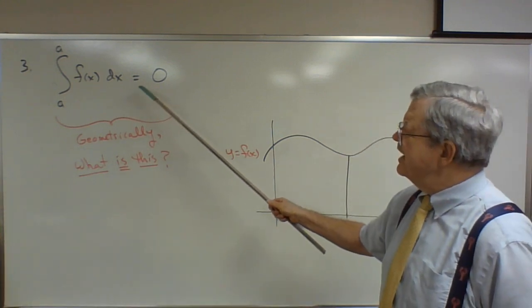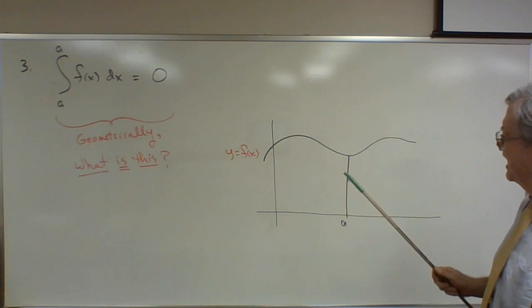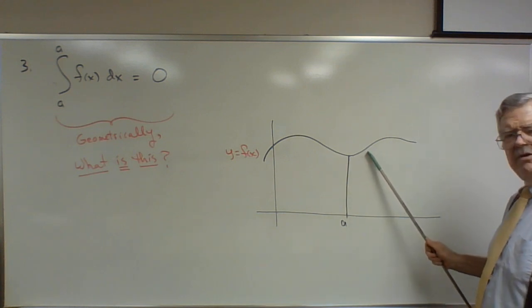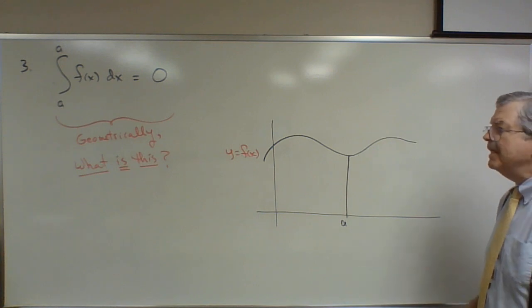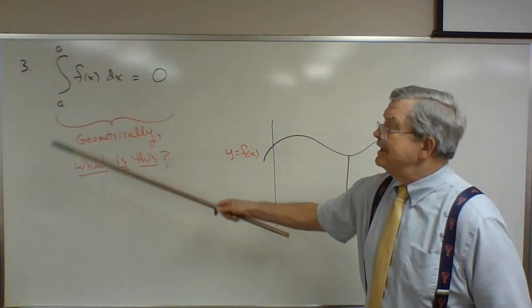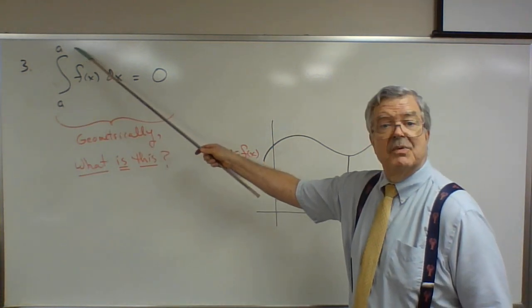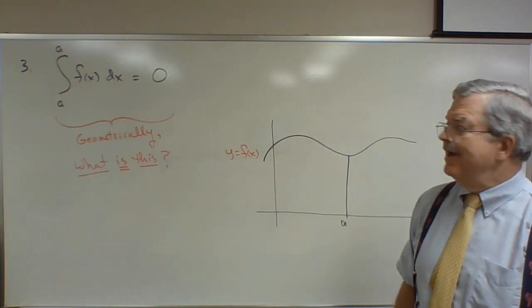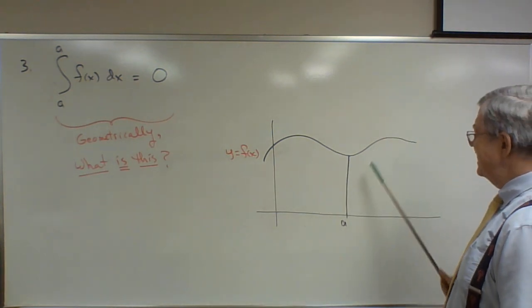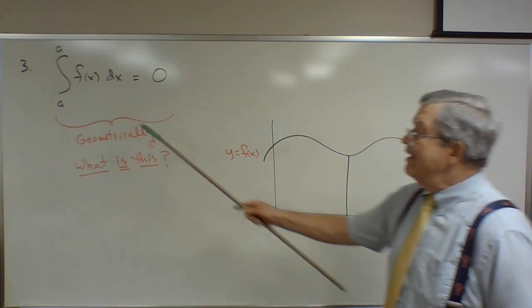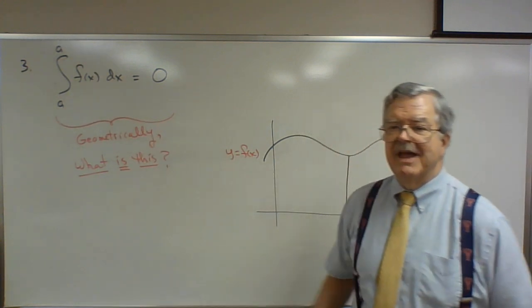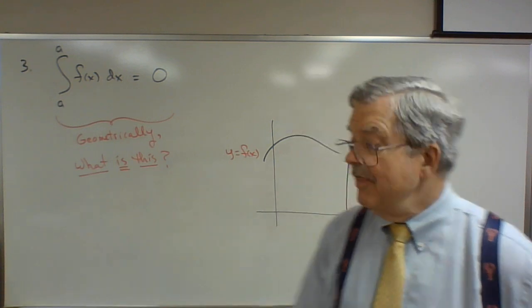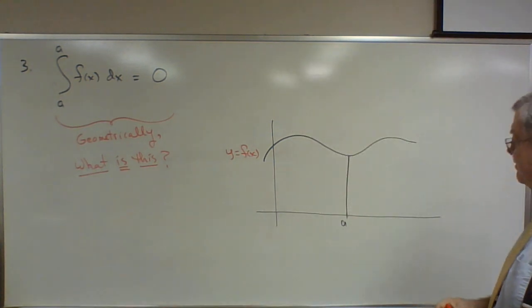Isn't this definite integral the area bounded between the graph of f of x and the x-axis between x equal a and x equal a? The area between the graph of f of x and the x-axis from the lower limit to the upper limit on the x-axis. And the upper and lower limits are the same.